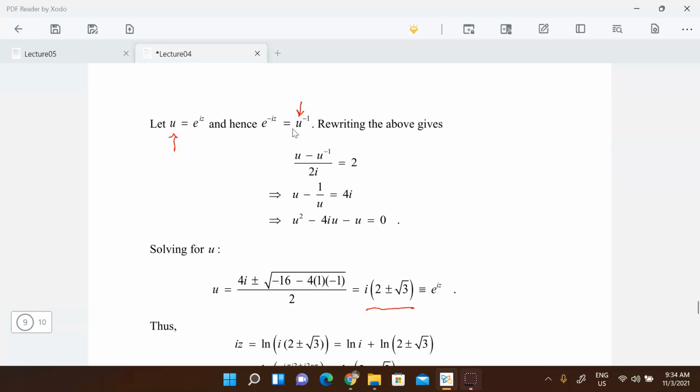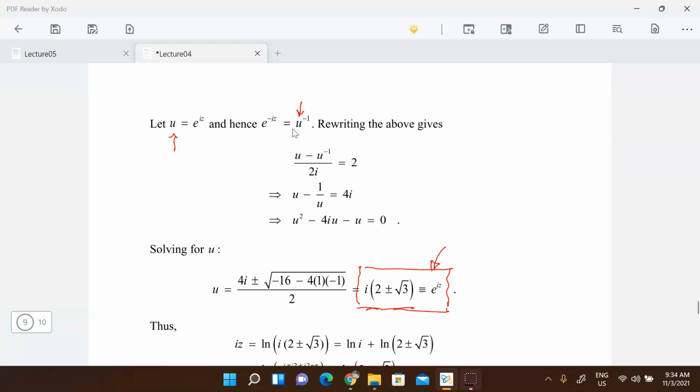So we need to undo this; we need to consider this equation now. This equation says exponential iz equals this complex number, but then I know what's the inverse of that.